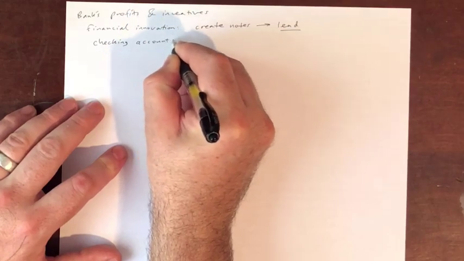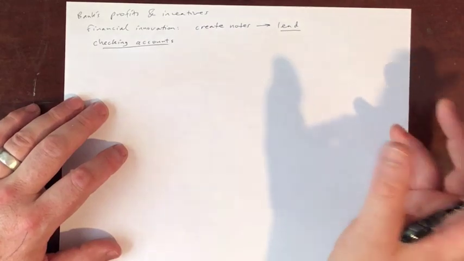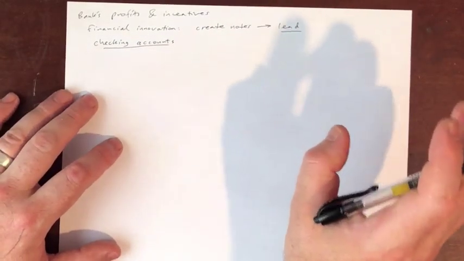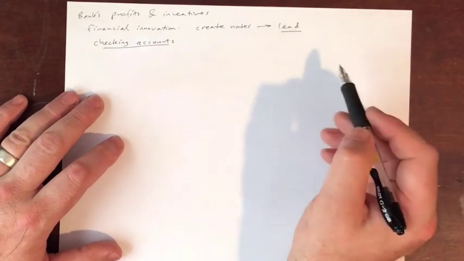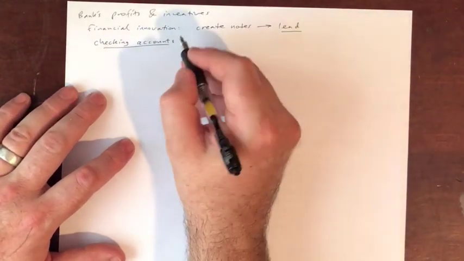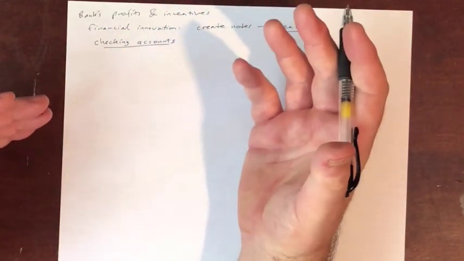Now, checking accounts are actually kind of old, right? They've been around for hundreds of years, but you have to think about it relative to the time period. The check is actually a tremendous financial innovation. What this allows you to do is you don't actually even need the pieces of paper.